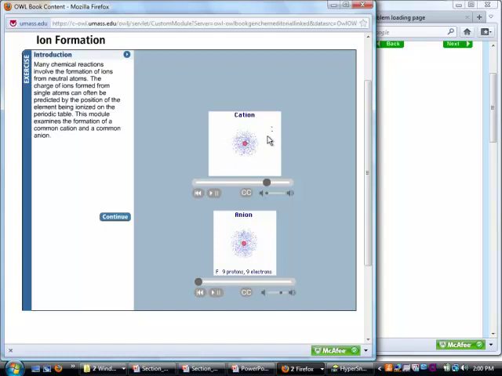Those are the electrons. While we're here, let's look at what happens when an anion forms. An anion is a negative ion. A fluorine atom has 9 protons and 9 electrons. A negatively charged ion happens when something gains an electron. So an electron enters, and the thing gets bigger because it now has more electrons, and it has a negative charge.